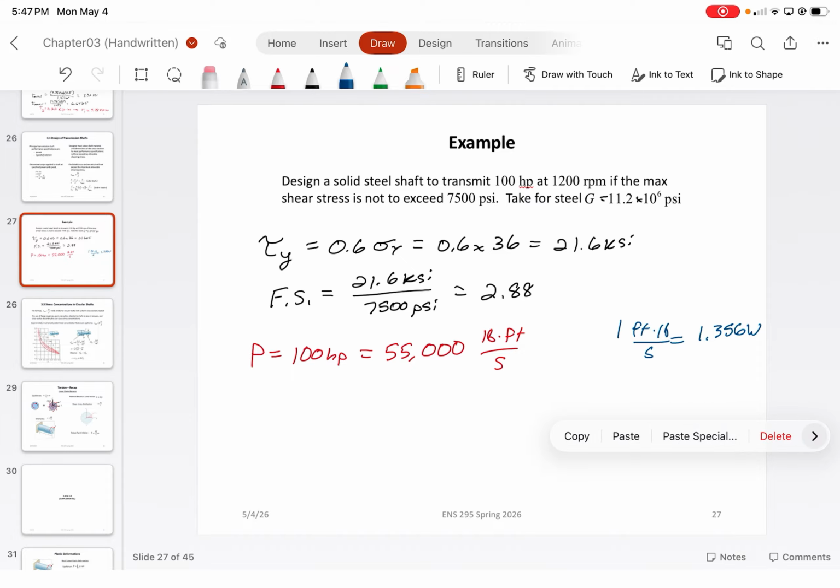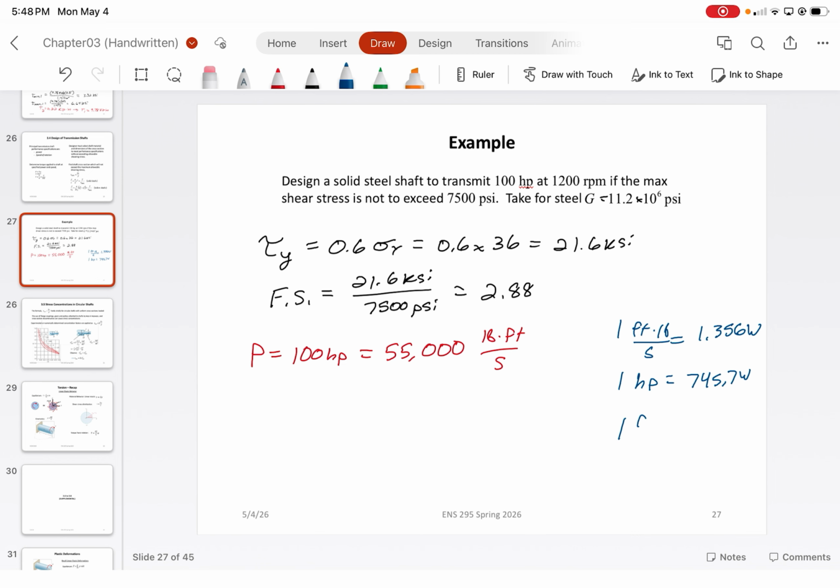And then 1 horsepower is equal to 745.7 watts. And so, do the math. 745.7 divided by 1.356.